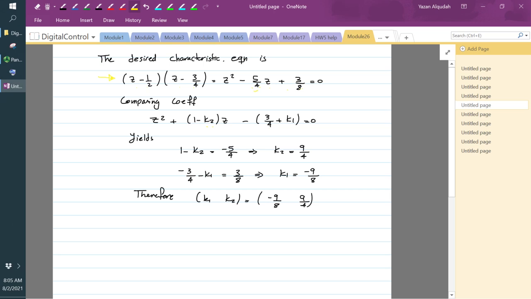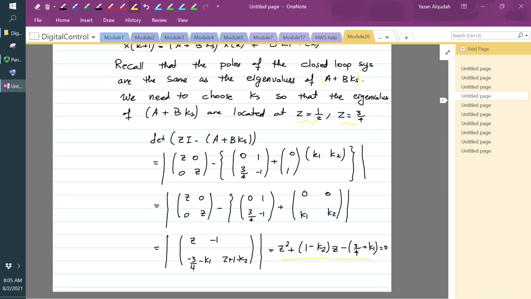I can solve for k1 and k2, and in this case k1 equals negative 9/8 and k2 equals 9/4. Therefore, if you choose these values for k1 and k2 that multiply the state, we're going to be able to place our poles according to the requirements that we had, which is a pole at 1/2 and a pole at 3/4.